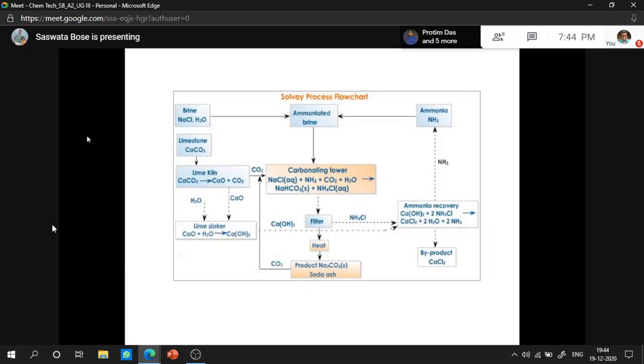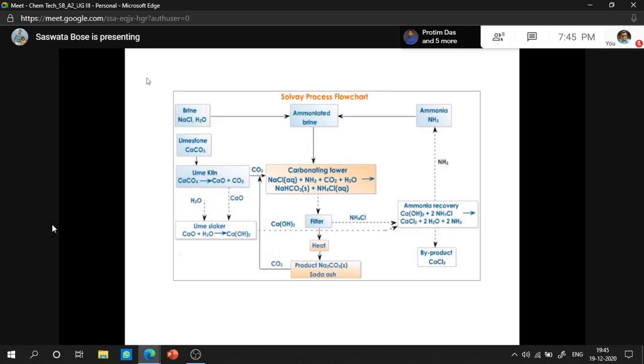The carbon dioxide produced from the system itself can be utilized to carbonate in that stage, even though you require very little amount of carbon dioxide over here, but it need not be fed from outside. It is the system inbuilt carbon dioxide which is being fed over here. So this ammoniated and partially carbonated brine is pumped to the carbonating tower or sulfate tower.